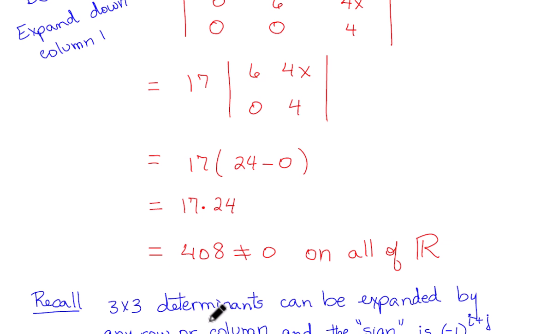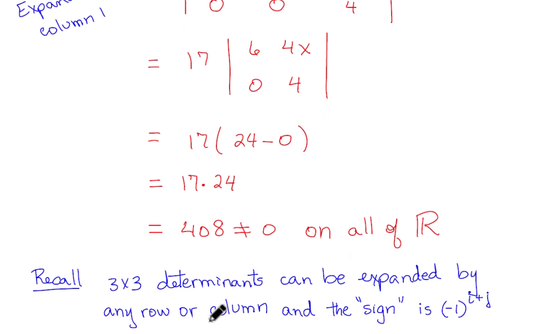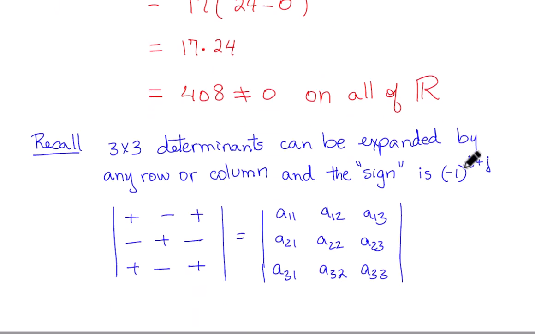Now, just to recall for a moment, 3 by 3 determinants can be expanded by any row or column that you like. You just need to remember the sign of the position. And the sign of any position is minus 1 raised to the i, the row, plus j, the column.